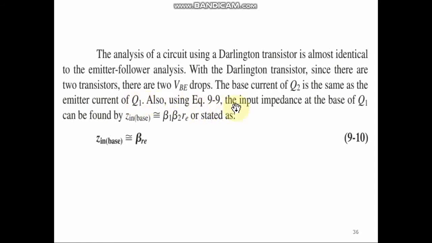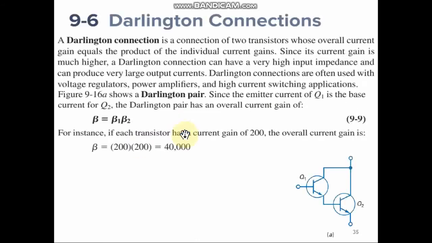Also, using the previous equation, the input impedance at the base of Q1 can be found by beta 1, beta 2, Re, or stated as beta into Re. Here beta is nothing but beta 1 into beta 2. So the input impedance here will be beta 1 into beta 2 into Re.